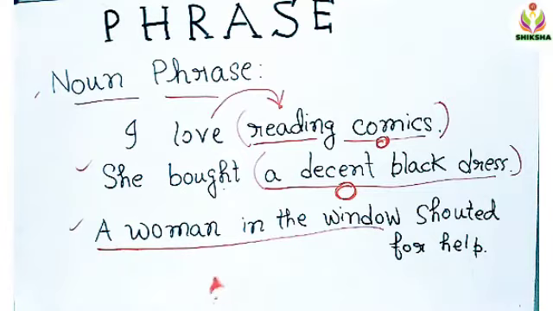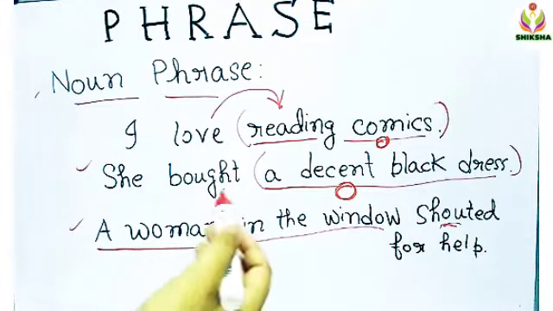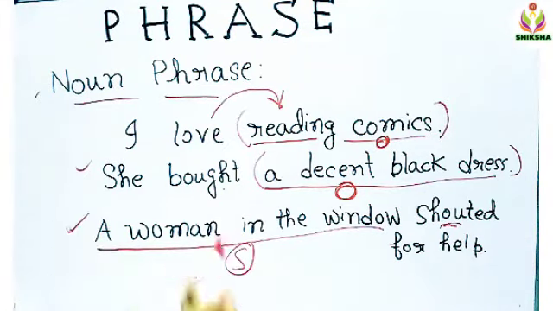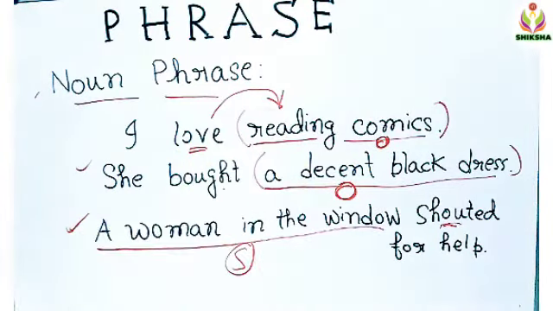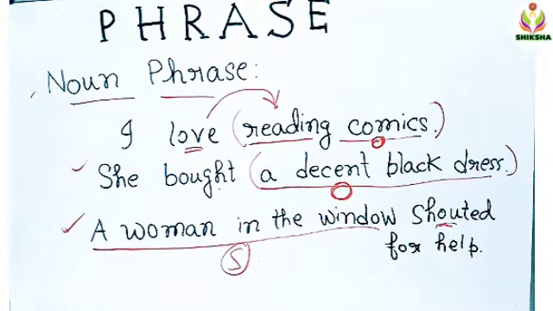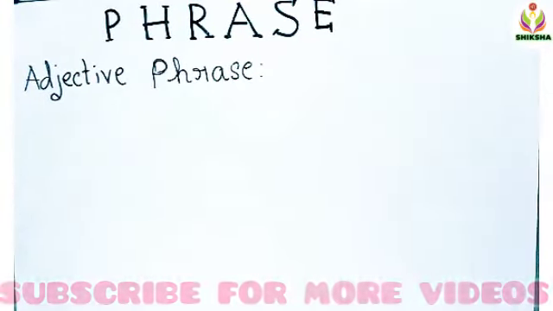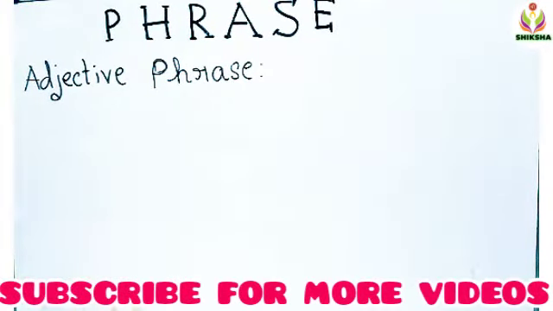Here the underlined part is the subject of the verb shouted. I mean to say, who is shouting here? A woman in the window. So it is working here as a noun. That's why it is an example of a noun phrase. So you can see that a noun phrase can be an object of a verb or a subject of a verb.